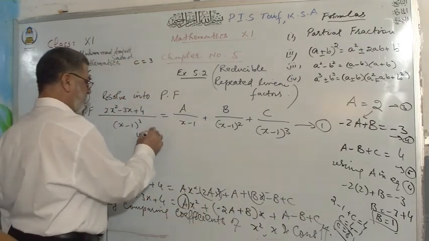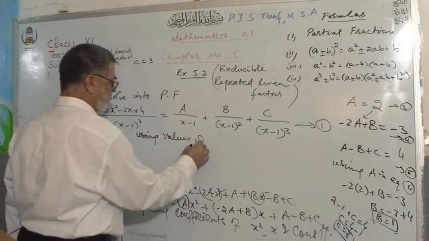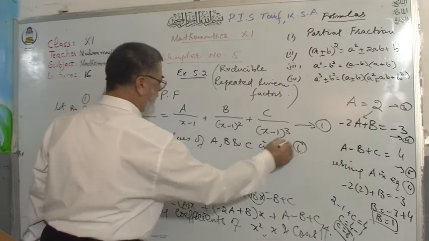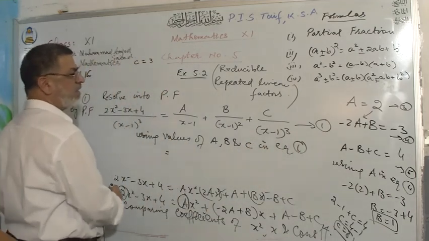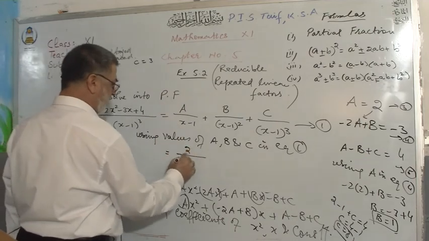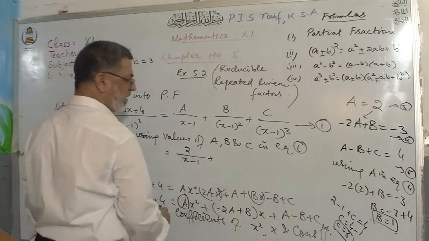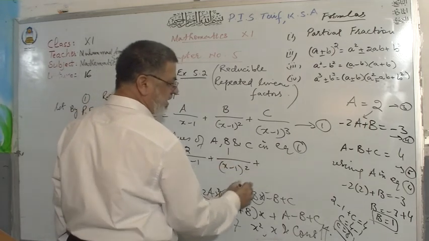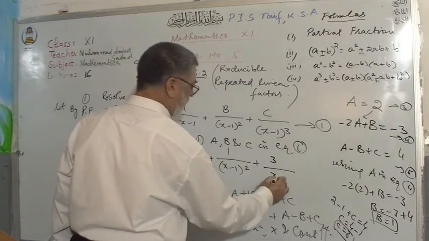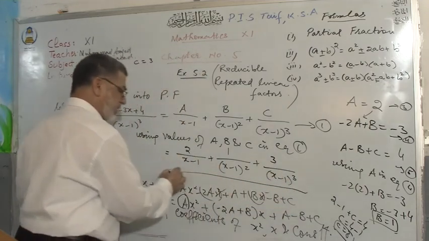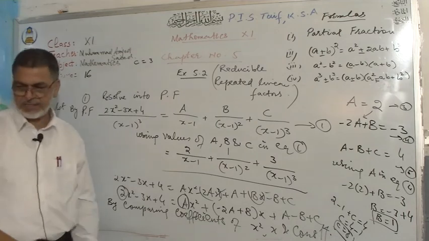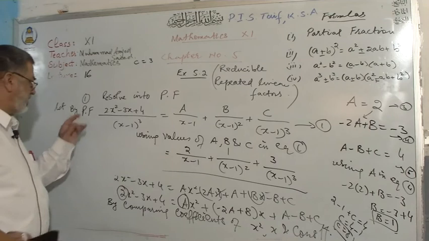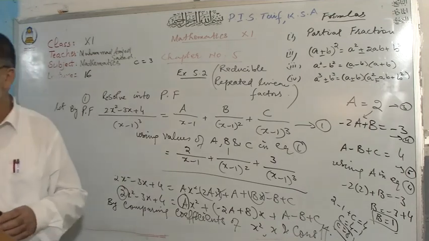Using the values of a, b and c in equation number 1, we have 2 over x minus 1 plus 1 over x minus 1 square plus 3 over x minus 1 cube. That is your partial fraction. That's your answer. I hope that you got a better idea from your question number 1, exercise 5.2.